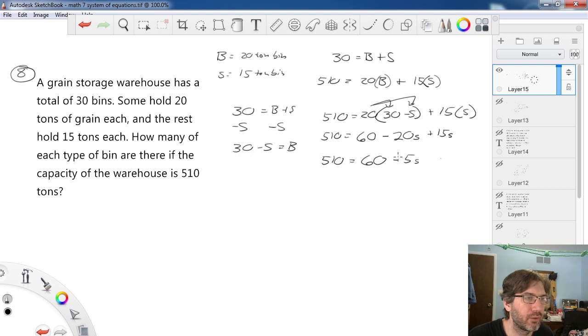Don't like how that turned negative, but we'll work it out. Maybe I'm making another mistake here. We'll see. Let's just see what happens here. We're then going to subtract 60 from both sides. Yeah, because this is going to give us a negative number here. So where did I make that mistake?